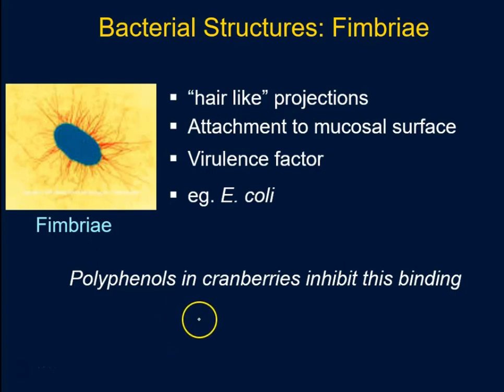But it turns out that cranberries have special chemicals known as polyphenols, which compete with the fimbriae for attachment and disrupt the attachment of the fimbriae on the mucosal surfaces. So that's the reason cranberry juice is unique. Orange juice will not work as well because it doesn't have these polyphenols that will cause detachment of the fimbriae from the mucosal surface.